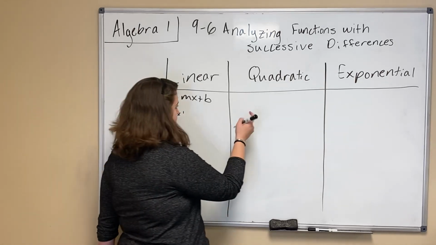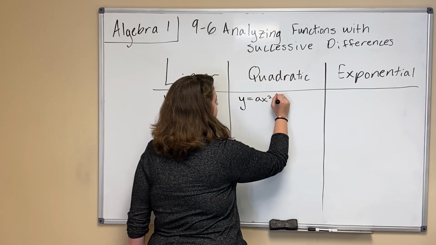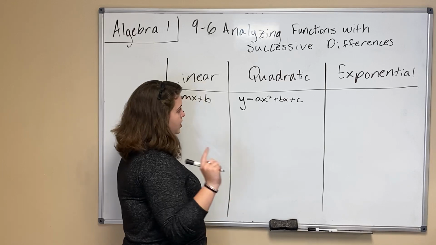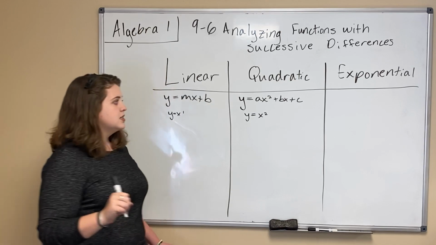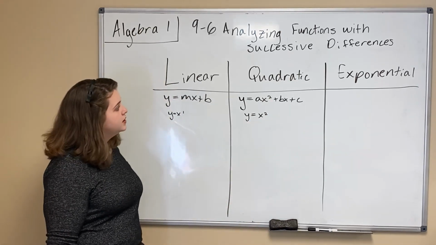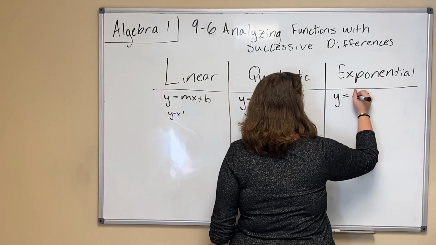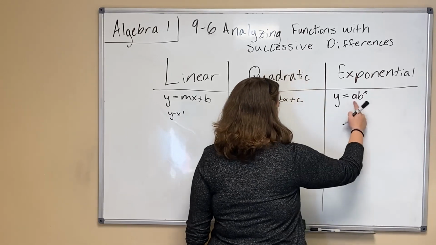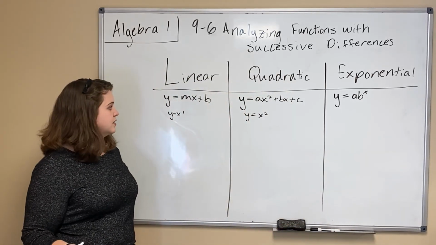In a quadratic, we get y equals ax squared plus bx plus c, and we see that the root of a quadratic is going to be y equals x squared. You can tell something is going to be a quadratic equation if it has an x squared in it. With an exponential function, our root function is going to be y equals a b to the x. Anything that's a number raised to the exponent will be an exponential function.